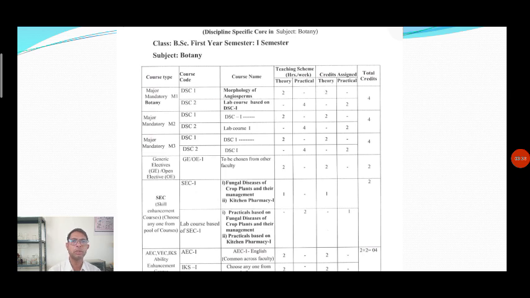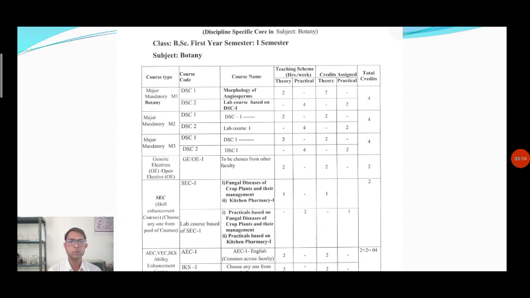For example, in botany, fungal diseases of crop plants and their management is included in the syllabus, along with another one, kitchen pharmacy 1. So the student will select either fungal diseases of crop plants or kitchen pharmacy.